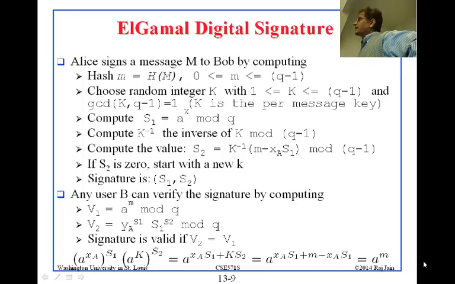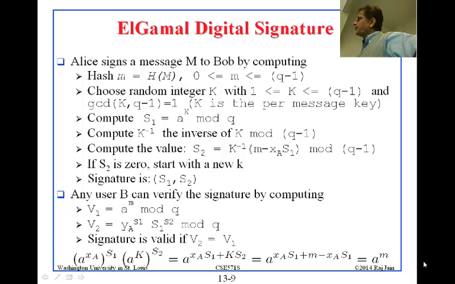Anyway, they have the M, so they can calculate A raised to M mod Q. They can calculate V2, which is your public key, YA, raised to S1, times S1 raised to S2 mod Q. If V1 is equal to V2, then this signature is valid.